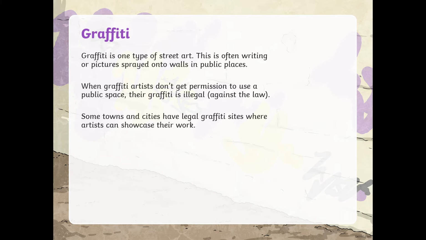But there are lots of bits of graffiti that are illegal around this country and in other countries too. Some towns and cities have legal graffiti sites where artists can showcase their work. So they have specific areas where graffiti artists can go and showcase their work, and then that obviously will get wiped away and somebody else can have a go.